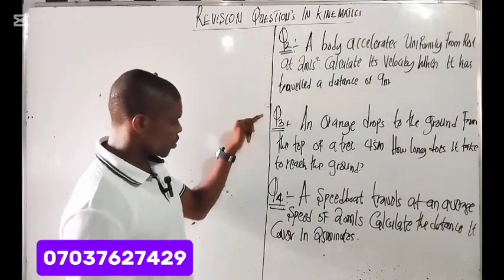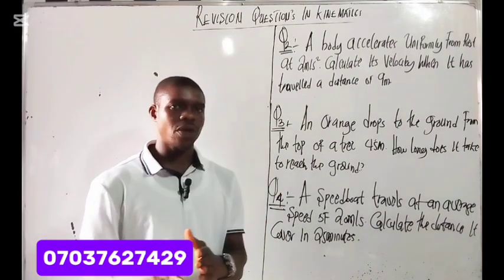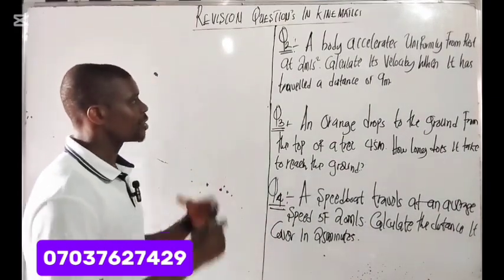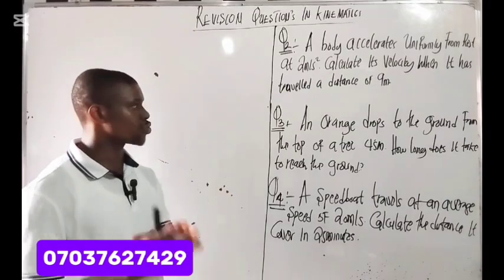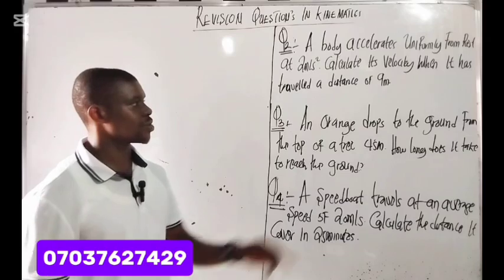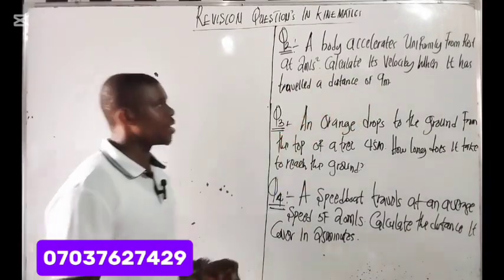Question 2, question 3, and question 4. Please pay close attention here. It says that a body accelerates uniformly from rest at 2 meters per second squared. Calculate its velocity when it travels a distance of 9 meters. So how do you solve this question?